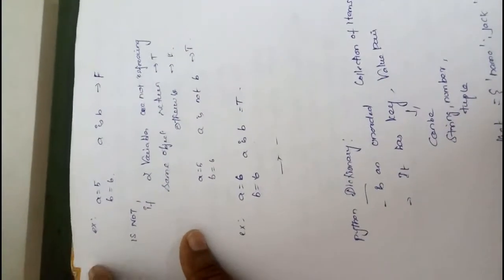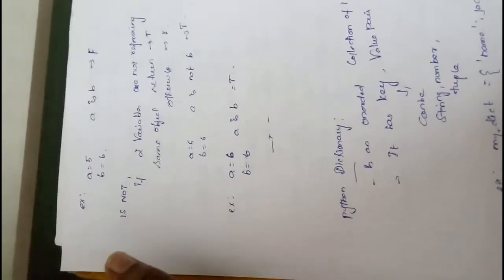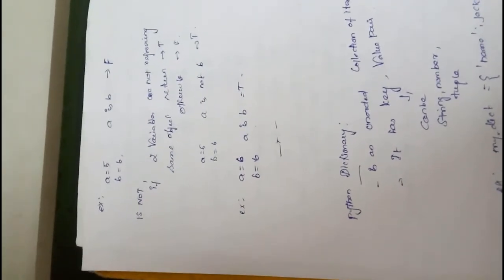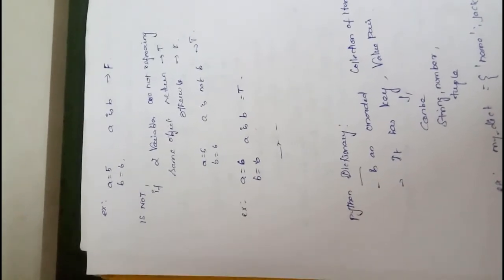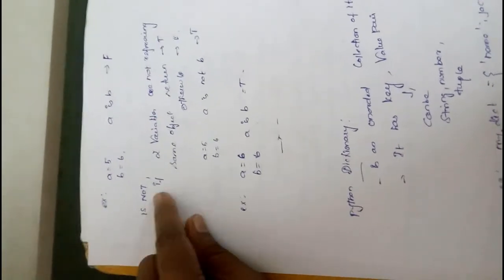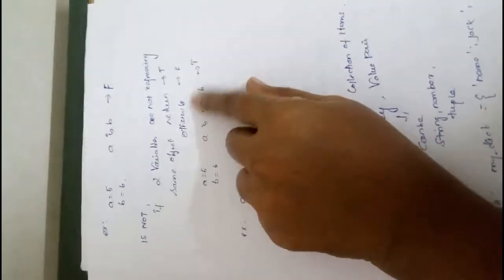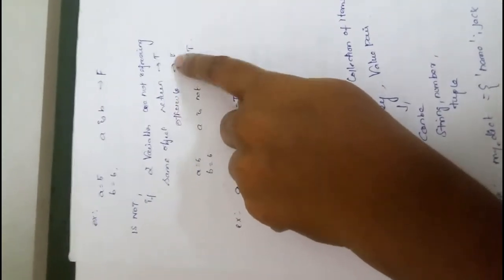If a equal to 5, b equal to 6, if a is b, then the result will be false, right? If both variables are referencing the same object, then the result will be true. If not referencing the same object, then the result will be false. Is not means if two variables are not referencing the same object, the result will be true, otherwise false.